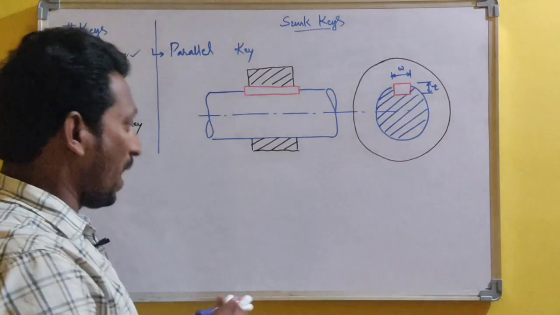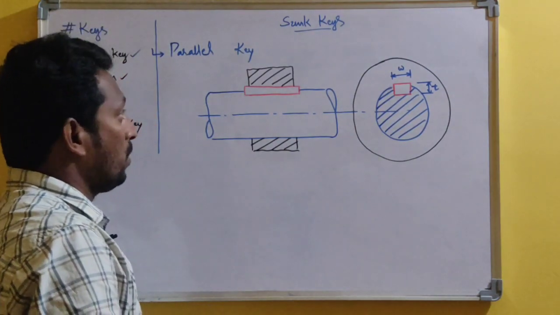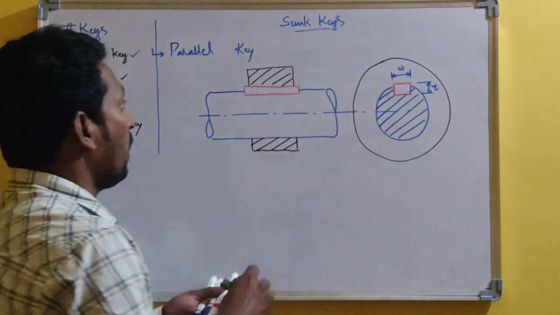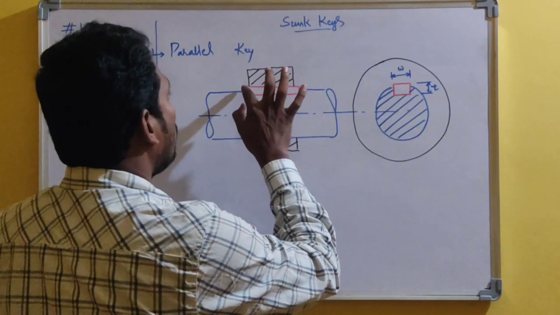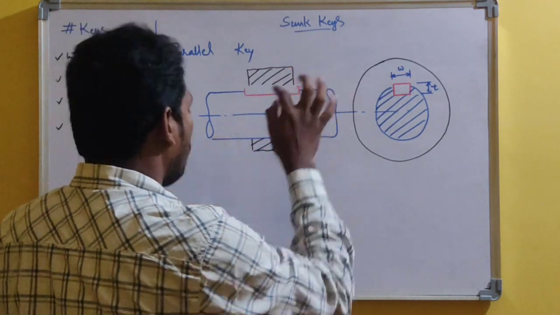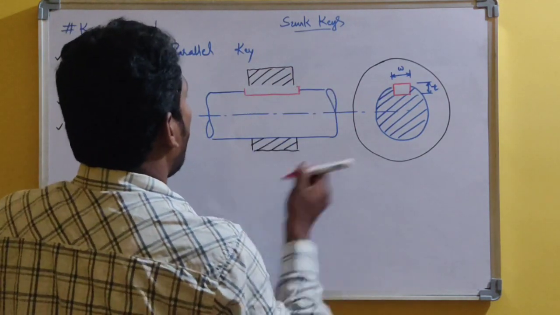Okay, so in this case of parallel key, the shape will be the same, but instead of a taper, there will be no taper here.